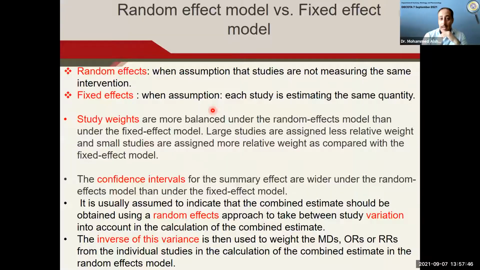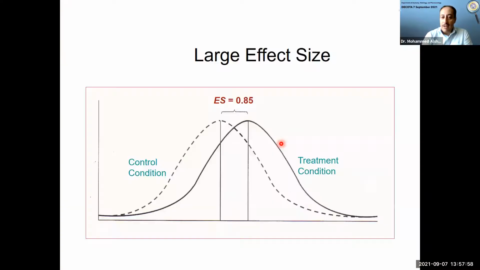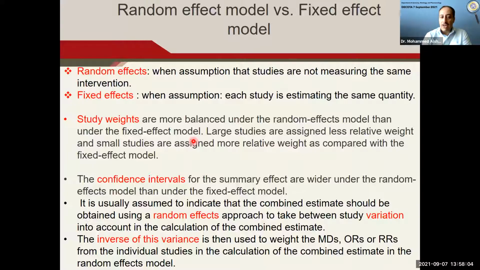So finally, there are 2 terms you have to understand: heterogeneity and the model that we use to study effect size. There are 2 models. Remember I told you how we calculate the effect size using the Z equation. In order for the software, Review Manager, to do that, it uses either a random effect or a fixed effect model.